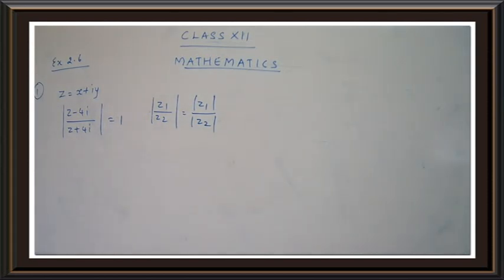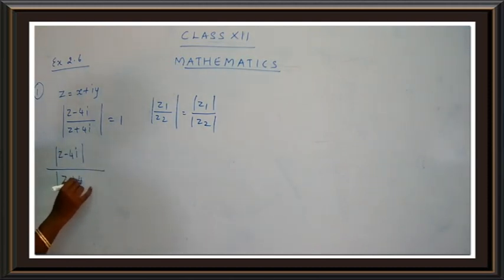So we are going to apply this property. Let us apply the property. So what do you get here? Mod of (z minus 4i) upon mod of (z plus 4i) is equal to 1. Clear? Okay, now we are going to apply the formula.